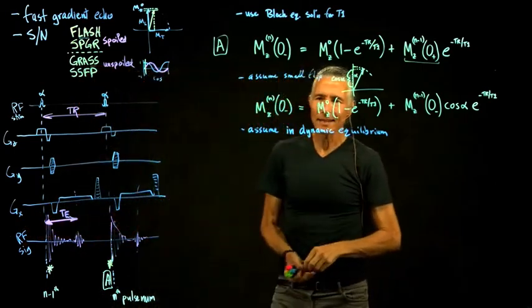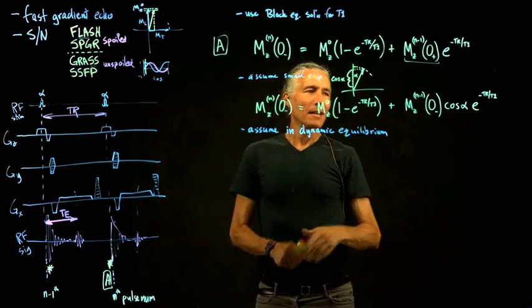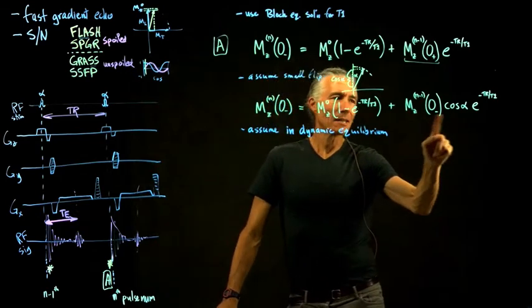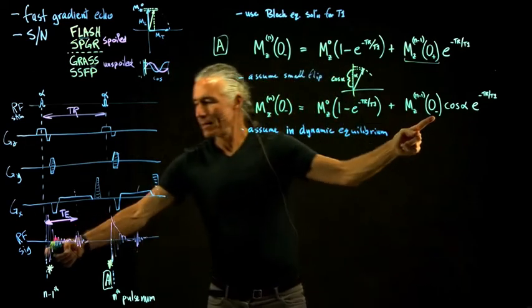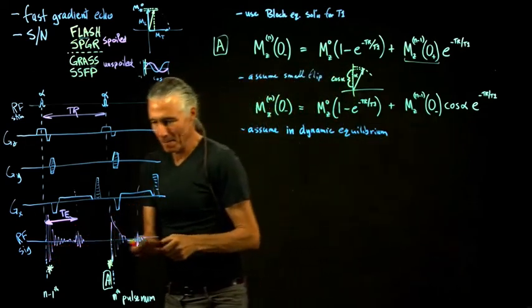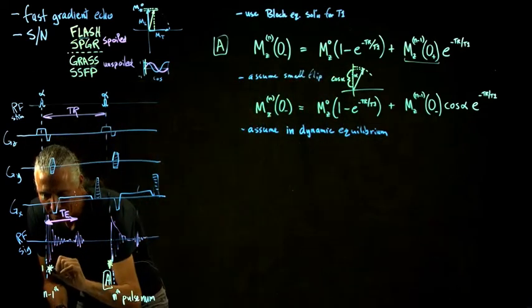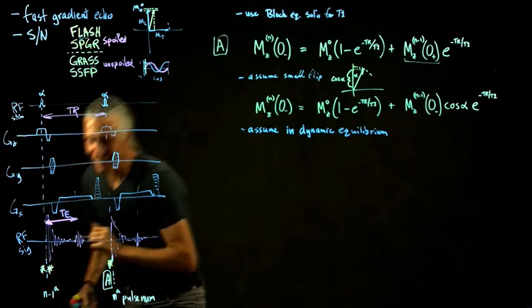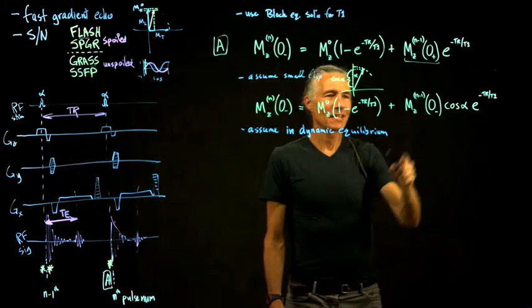And so if that's the case, then this unknown magnetization right before this pulse, which is actually another number, is right here. So that's this guy here.